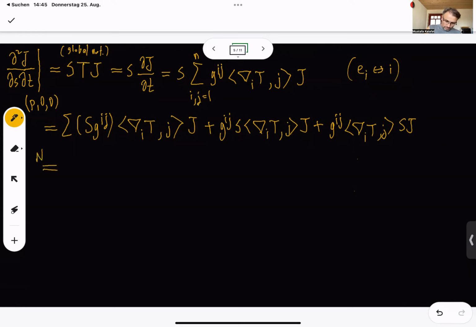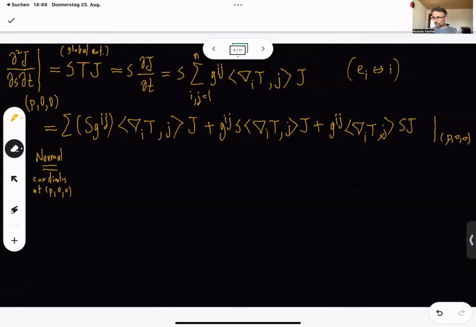Now pass to the normal coordinates, and remember, in normal coordinates at P00, of course, here also you have to plug in P00 till the end.